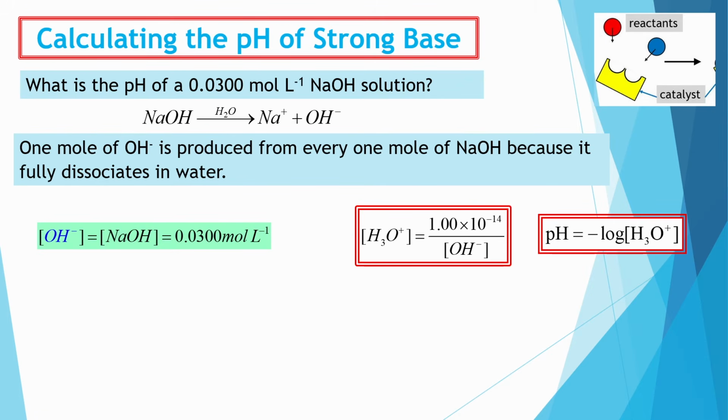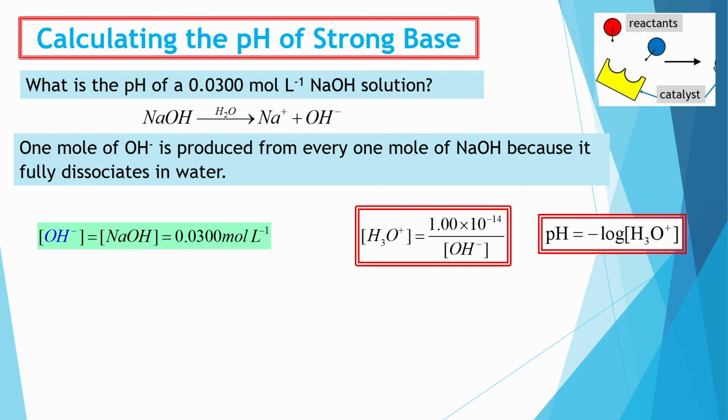Cool, that's fine. But in order to calculate the pH, I can't use the OH- value, because the pH is a log of the H3O+ concentration. So I need to find the H3O+ concentration when I know the OH- concentration, and that's where I use this expression.